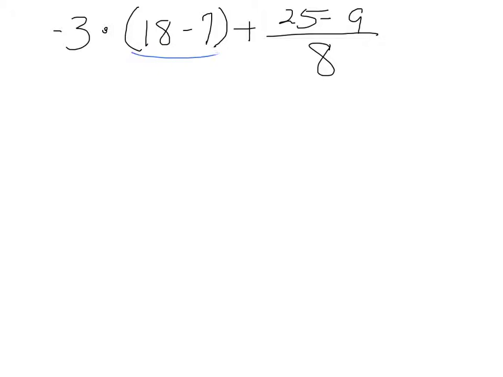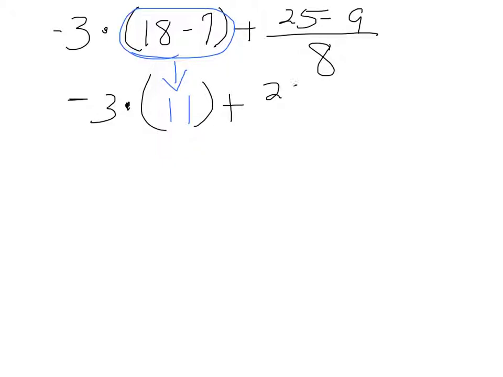Yes. We got to do that part first. 18 minus 7. 18 take away 7 is 11. Again, bring down everything the way it is. So we have negative 3 times 11 plus 25 minus 9 divided by 8.